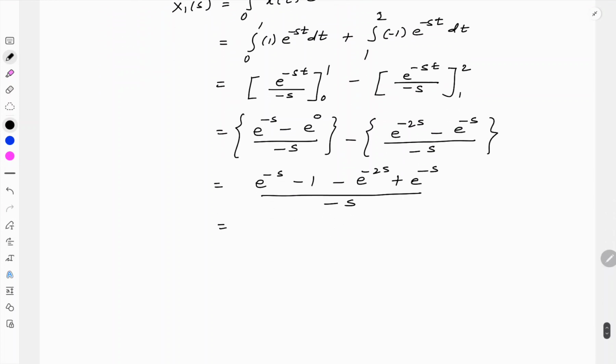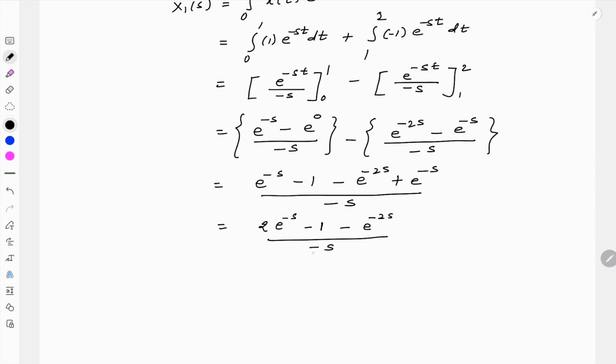Further we get the simplified version as, here we have plus e raised to minus s and e raised to minus s. So here we can write it as 2 e raised to minus s minus 1 minus e raised to minus 2s, whole divided by minus s.